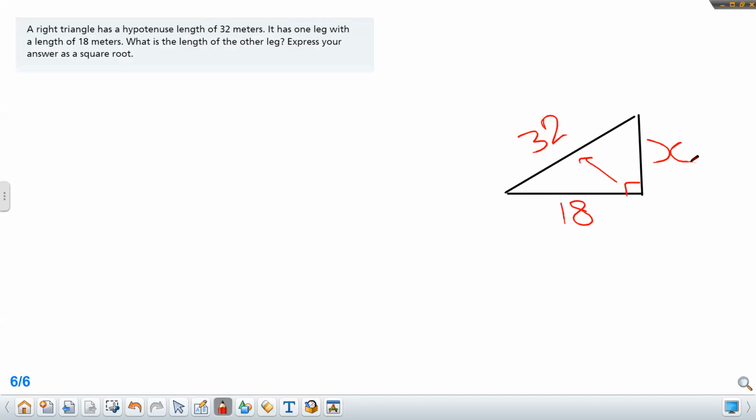Okay, no problem, the same idea. First you must mention the hypotenuse. The hypotenuse here is 32, and the other side is 18. So now we can write the relation of the Pythagorean theorem, which is hypotenuse squared equals side squared plus the other side squared.